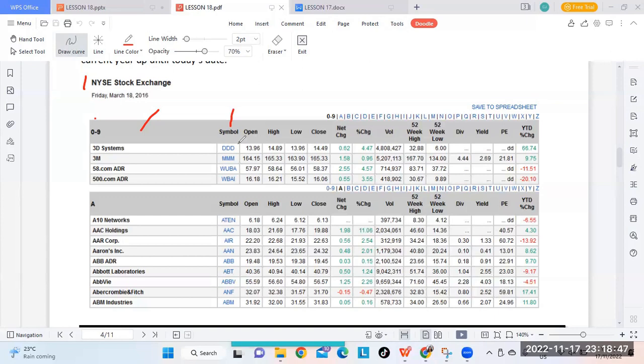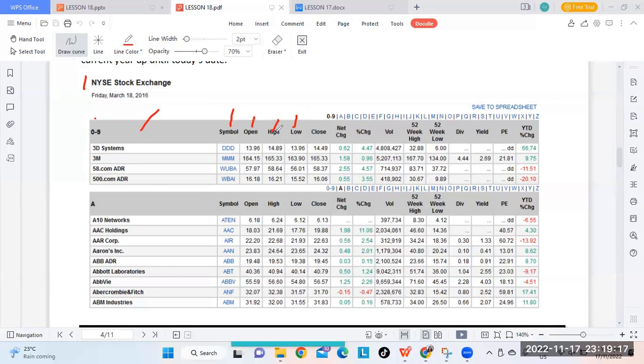And then for column number 3, that's for the open. The amount of the stock price at the opening of the market. And then for column number 4 and 5, that's the day high and low.